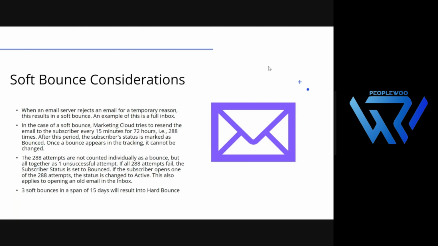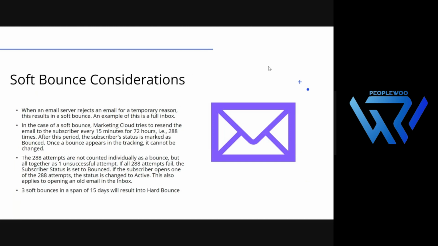So in case of soft bounce, Marketing Cloud tries to resend the email to the subscriber every 15 minutes for 72 hours. That is 288 times. After this period, the subscriber status is marked as bounced.